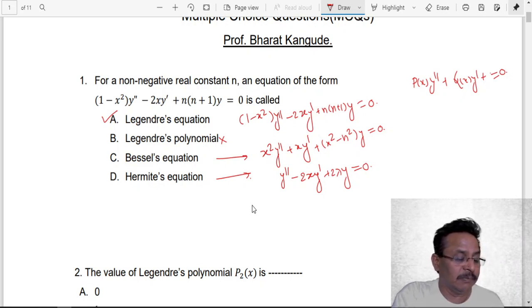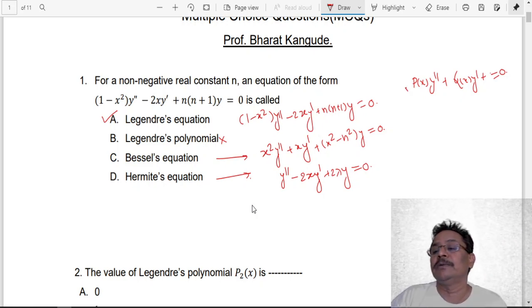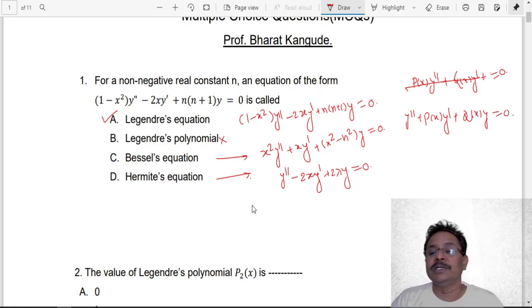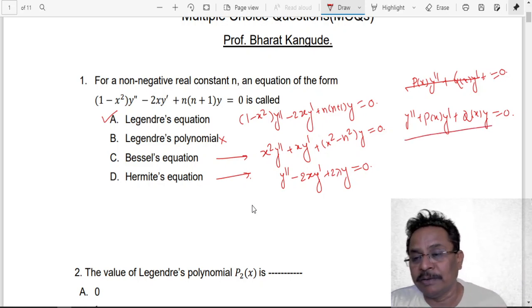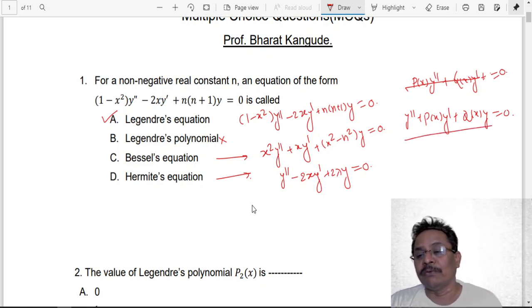As we have seen earlier, the standard format of the equation is y double dash plus p of x into y dash plus q of x into y is equal to 0. So arrange all these equations in such a manner that you get the standard format. From that we can identify p of x as well as q of x.